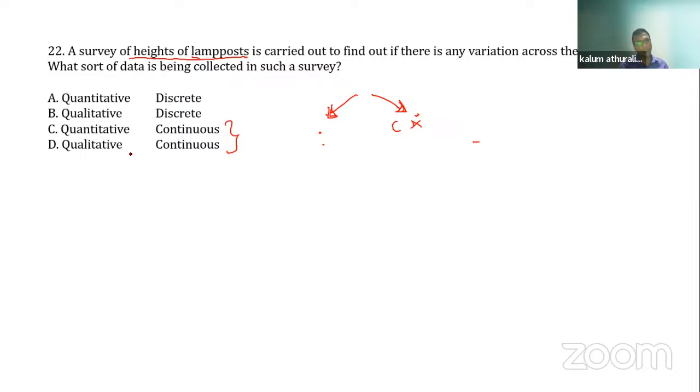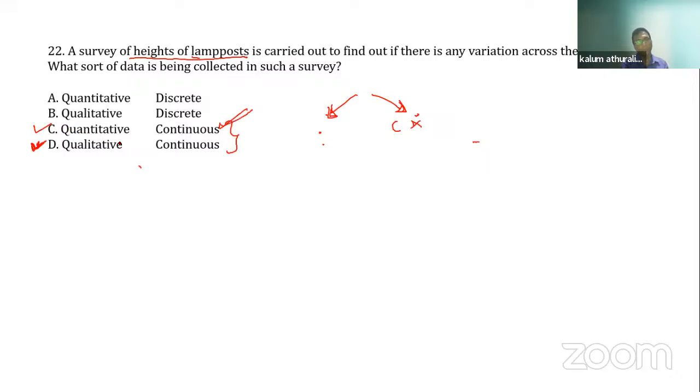Is it qualitative or quantitative data? Quantitative. Qualitative is a characteristic or quality. Then the answer is quantitative and continuous.